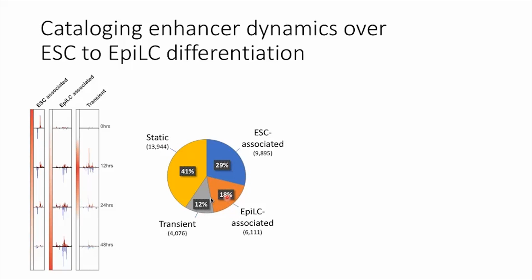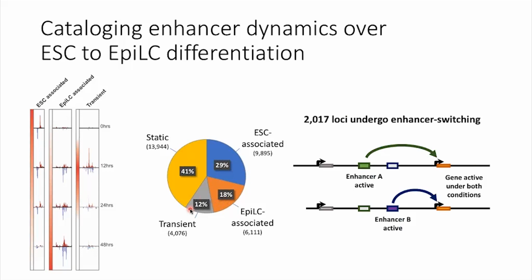And then over 20% are only present in transition states, which was kind of surprising. Perhaps more surprising is that over 2,000 loci undergo enhancer switching, similar to the OCT4 locus. A large proportion of these exhibit little or no change in the expression of their neighboring genes, which we think are being affected by them.